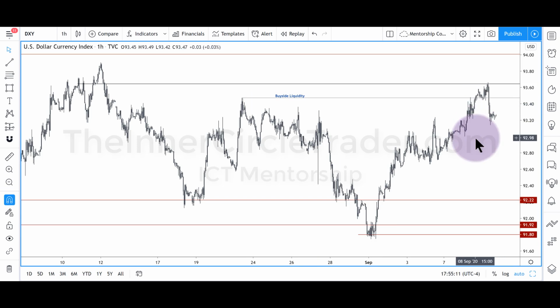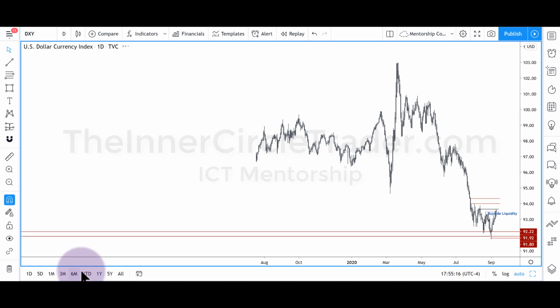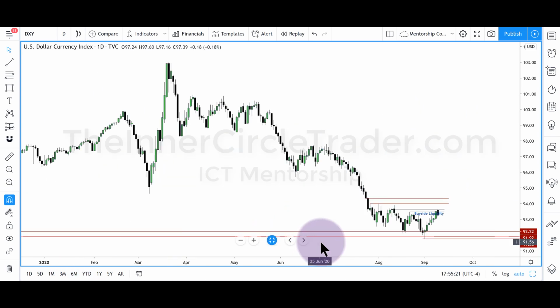Now that we've seen this trade too, I'll go out to a daily chart real quick. It is the rejection block on this candle right there. That's what that black line is. And then above it we have our SIBI, sell side imbalance, buy side inefficiency.